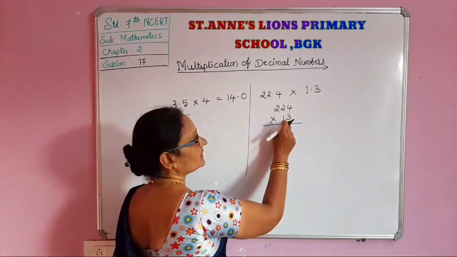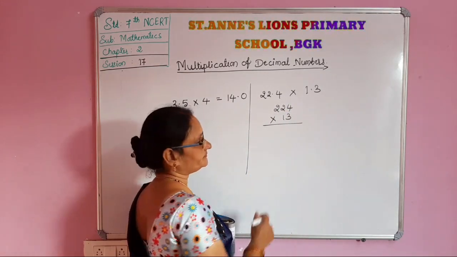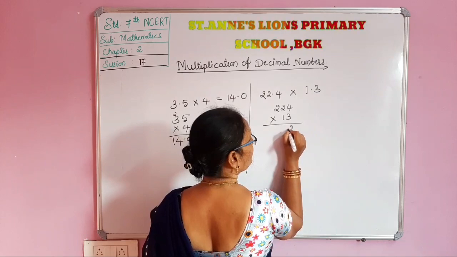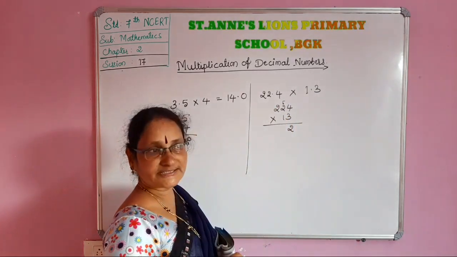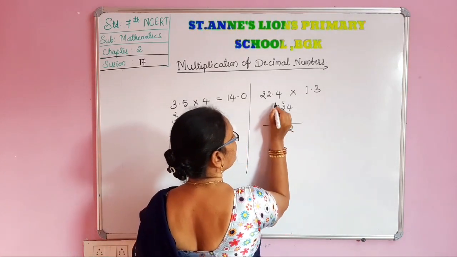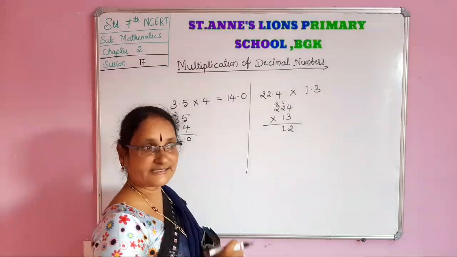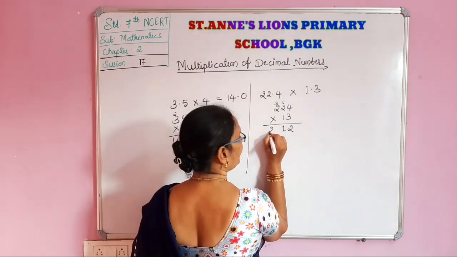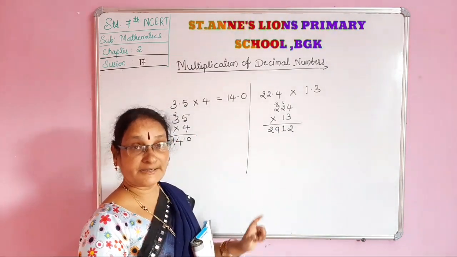See here now, 13 4s are how much? 52. 5 is carrying here. 13 2s are 26. 26 plus 5, 31. 31, carrying 3. 13 2s are 26. 26 plus 3, 29. This is the multiplication. Now, not completed yet.